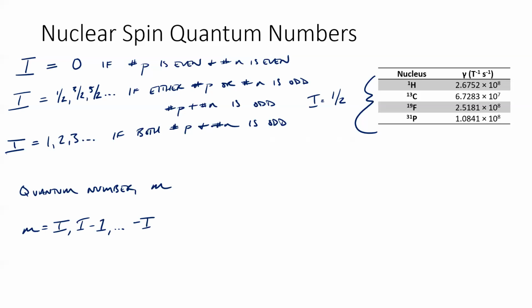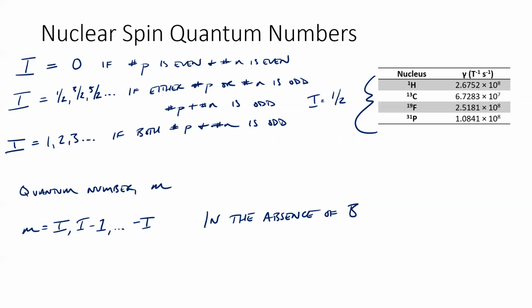And so a couple things to keep in mind. This is a lot like our M sub L value, right? When we talk about electron quantum numbers, in terms of how we figure it out. In the absence of a magnetic field, if I write B, do you all know B is magnetic field?